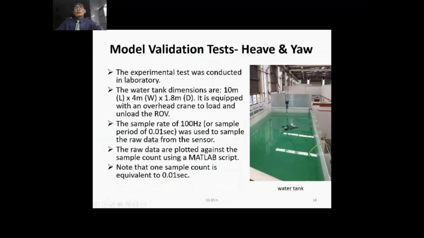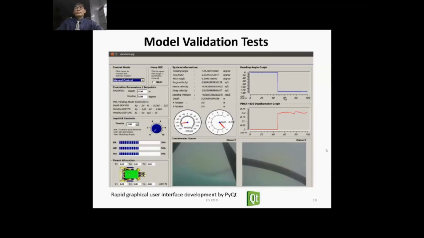The experiment test was conducted in the laboratory, and the test tank is 10 meters by 4 by 1.8 meters. It is equipped with an overhead crane to load and unload the ROVs. The sample rate of 100 Hz was used to sample the raw data from the sensors, and from the raw data we use a MATLAB script just to plot, and just take note that the sample count is equivalent to 0.01 second.